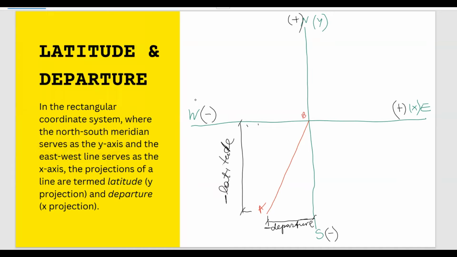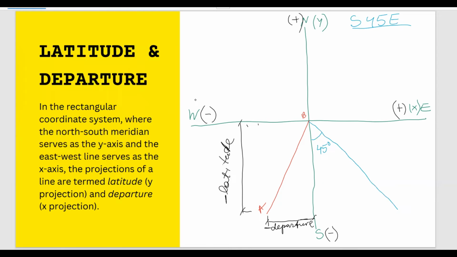Let's say you are given the bearing of a line as south 45 east, and let's represent that line. Southeast, I'm going to be in this quadrant here, and I'm going to draw the 45 degrees with respect to the south meridian, and this is 45.